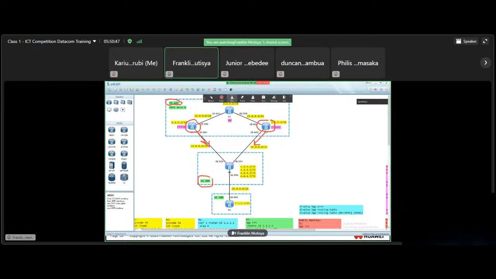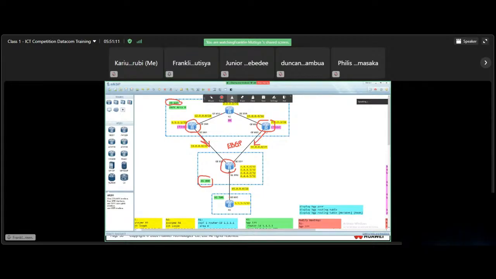So for us to connect this router, which is in AS400, with these other two routers, this is eBGP, external BGP. So you configure eBGP between this router and this router.